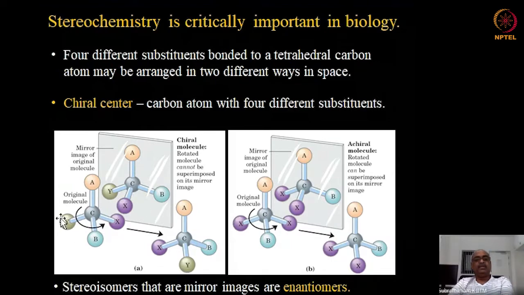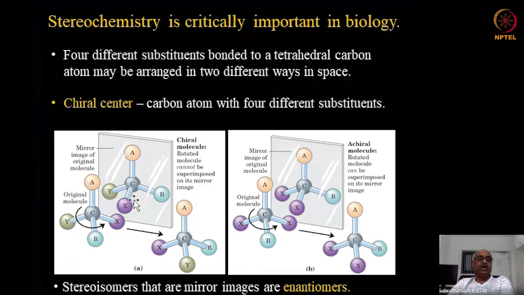And if you try to rotate this molecule, it will not rotate to match the one shown in the mirror so that you can superimpose. When B orients correctly, but Y doesn't, and instead X comes, then when you rotate, you can't superimpose it on the mirror image of the molecule. So this is one arrangement, okay?